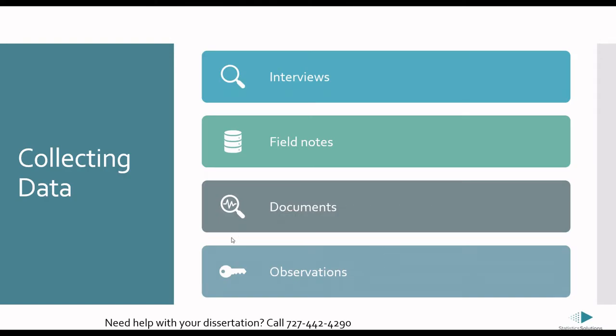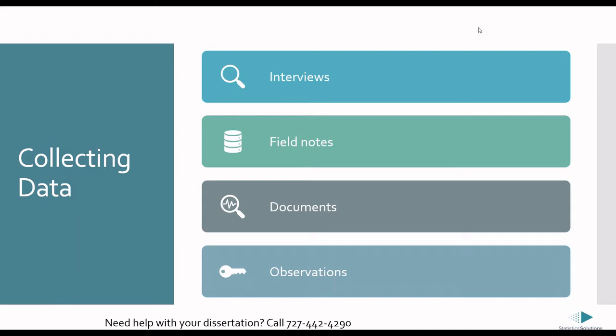So let's talk a little bit more about the process of data analysis. This begins early, okay? We collect data, and we do this through any number of methods. This list certainly is not exhaustive of all of the ways that we have to collect data.